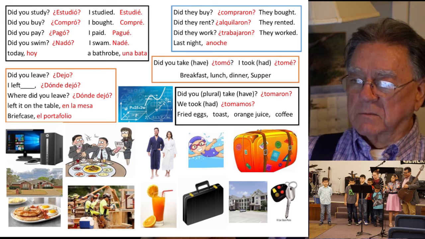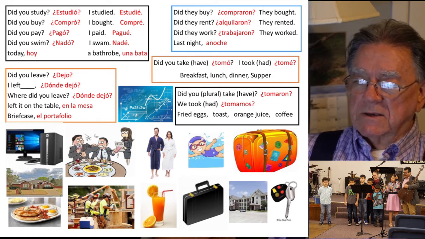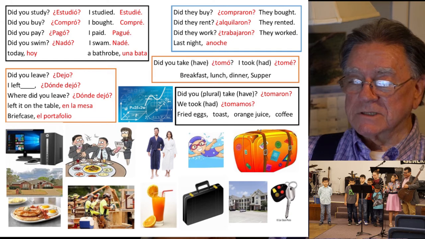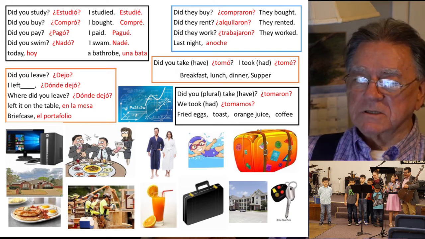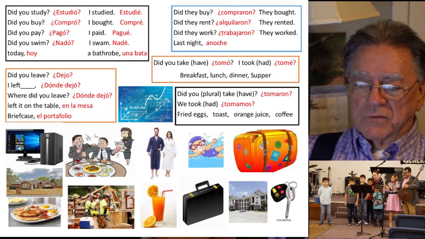Okay, I believe we are through with the lesson. Did you leave? I left. Did you leave the house? Yes, I left the house in my green car. I don't have a green car. Where did you leave your briefcase?